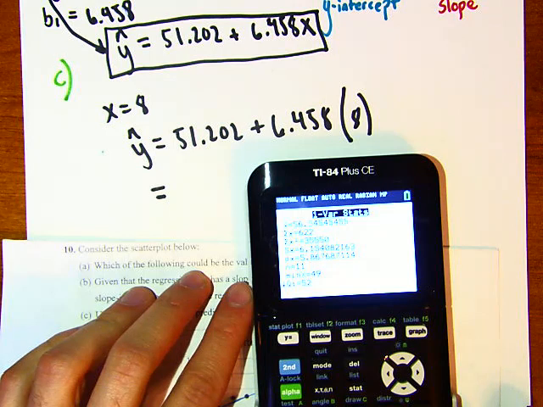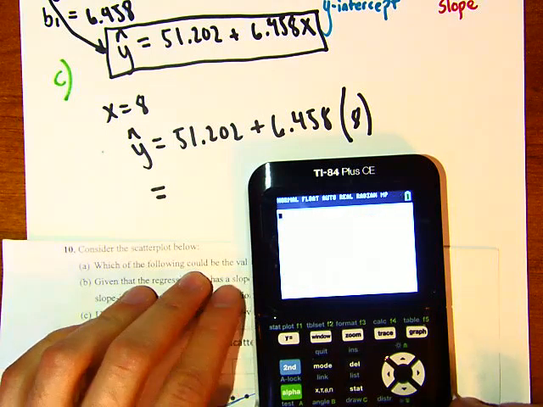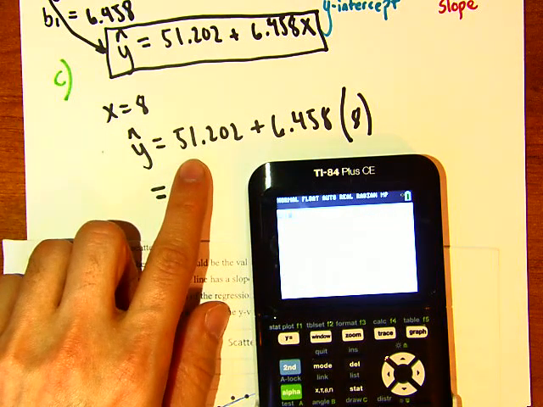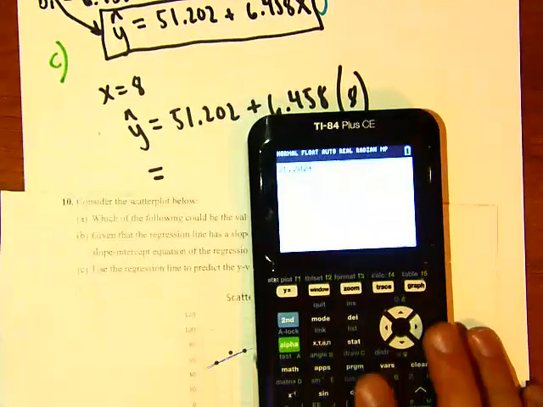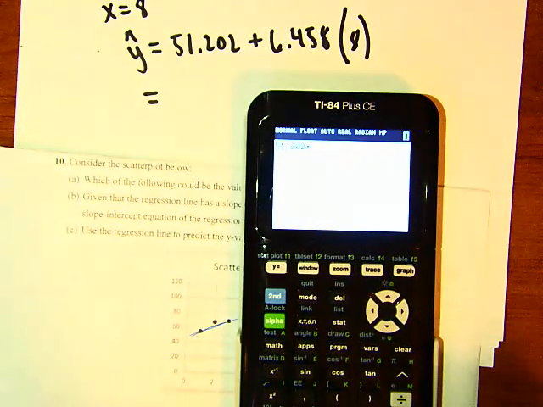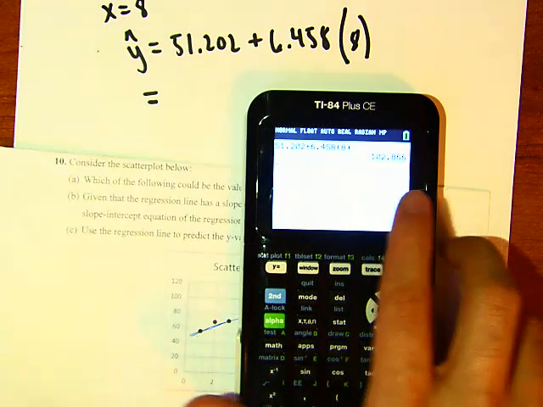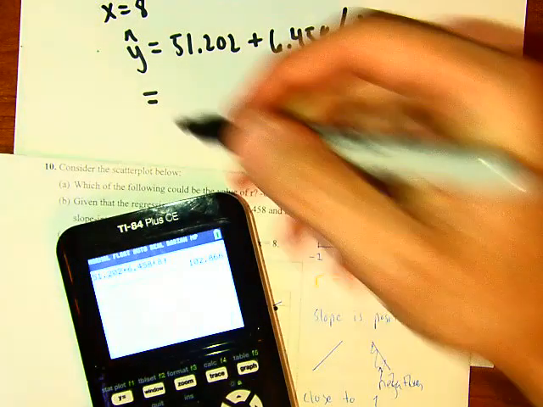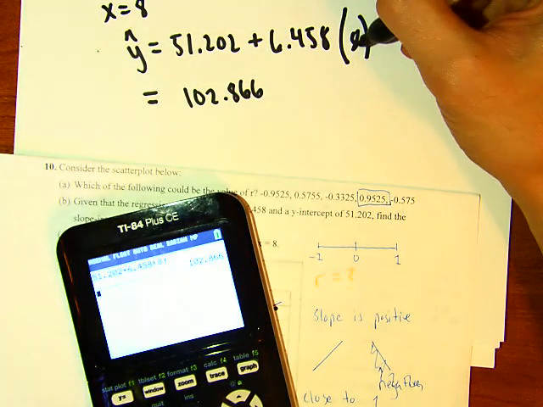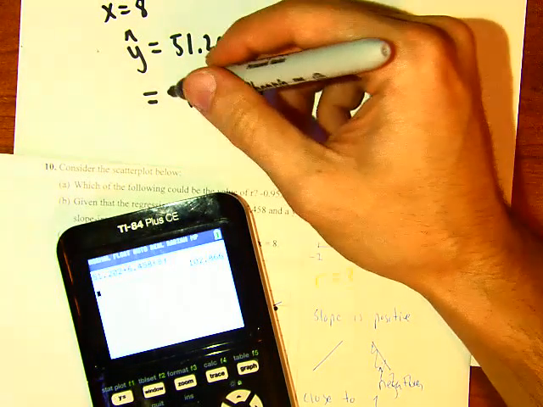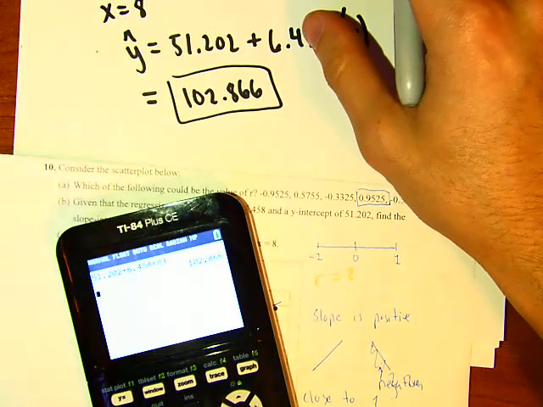Second quit, let's get out of that. 51.202 plus, let me zoom in, 6.458 times 8, and that equals 102.866. So when you plug in x equals 8, this is your y value, and that's it.